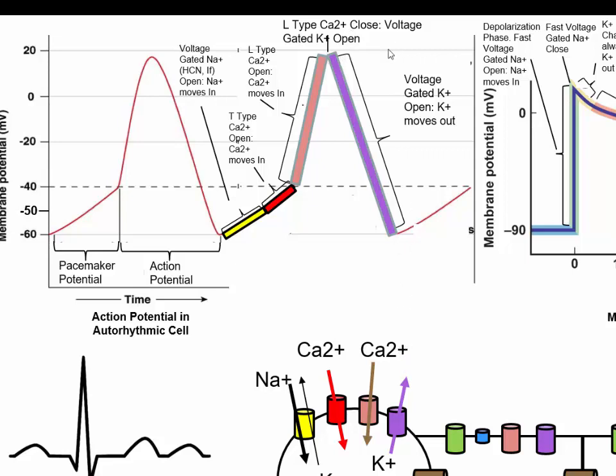Potassium leaves, which repolarizes that all the way back down to minus 60 millivolts, which we refer to as hyperpolarization. There is no resting membrane potential. Once you hit that minus 60 millivolts, the potassium channels slam shut, then voltage-gated sodium channels open, and it continues on and on and on. Why do we have this? Because that is the pacemaker of the heart.